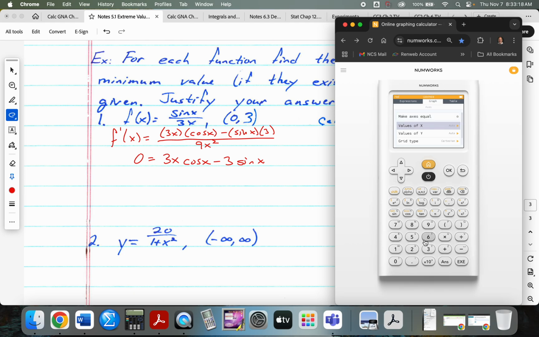I want values of x only between 0 and 3. And values of y, since I want to see the zeros, sort of like what we do all the time, do like from -1 to 1.